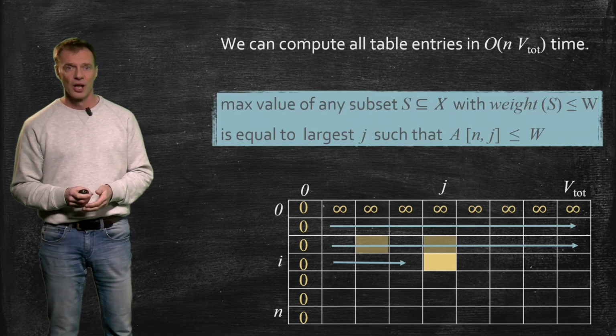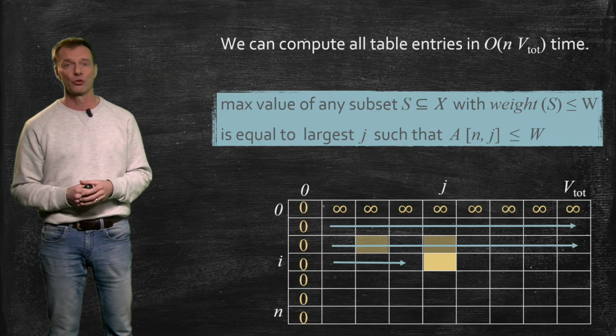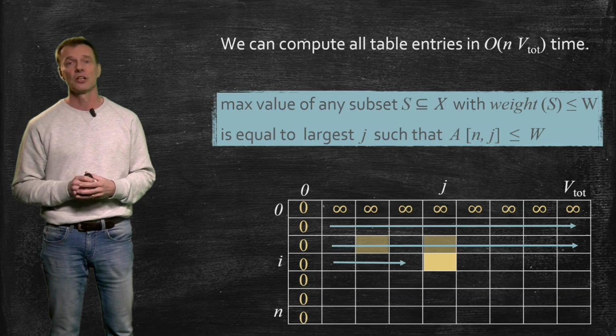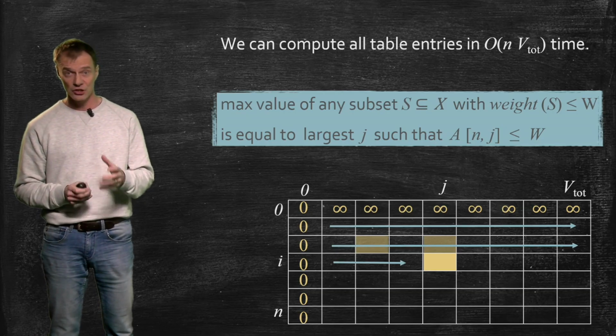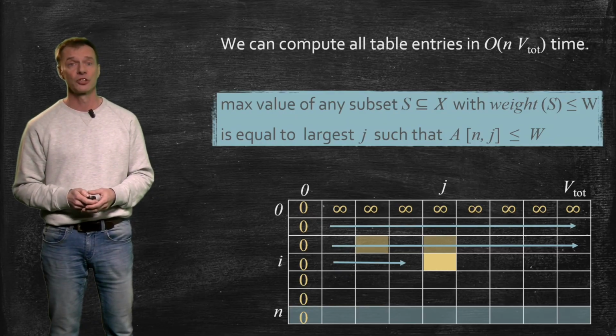Okay, so remember that at the end, after filling in the whole table, we wanted to know the largest j such that a_nj is at most W. Well, if we have computed all the values, this is pretty simple.